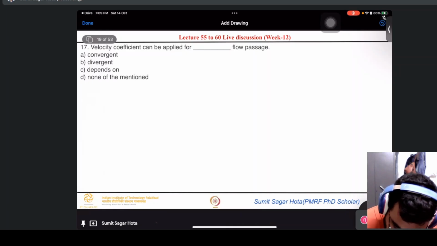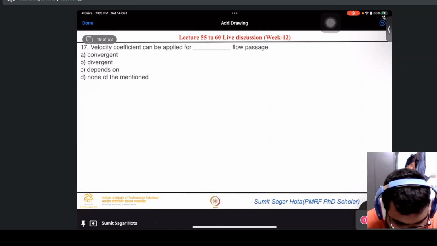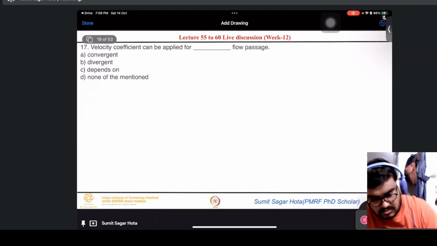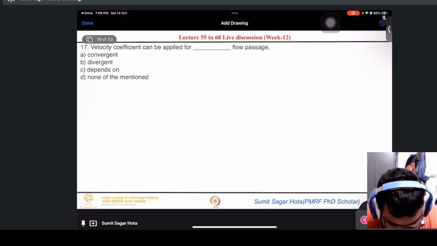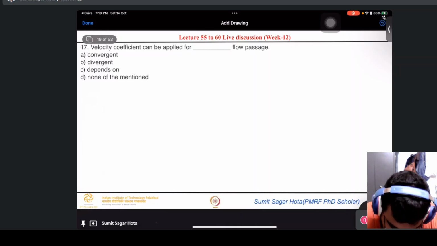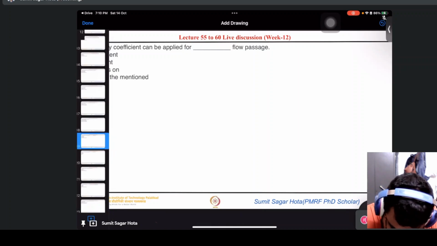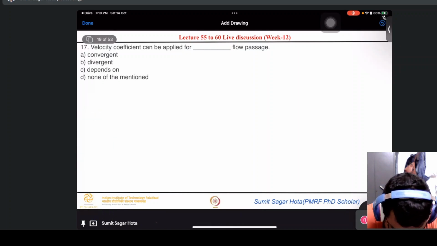So in the same way, the velocity coefficient does not depend on any kind of flow passage. It can be applicable for any kind of flow passage. So the answer will be D.